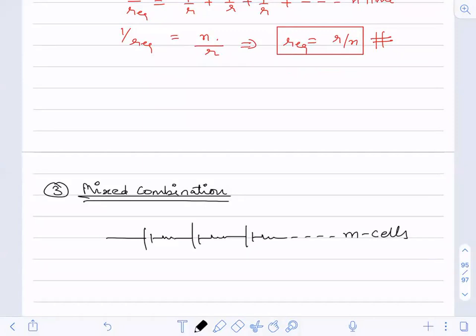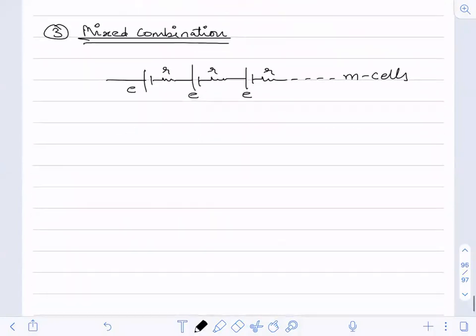Each cell I'm assuming has the same EMF E. Internal resistance also I'm assuming the same, R.